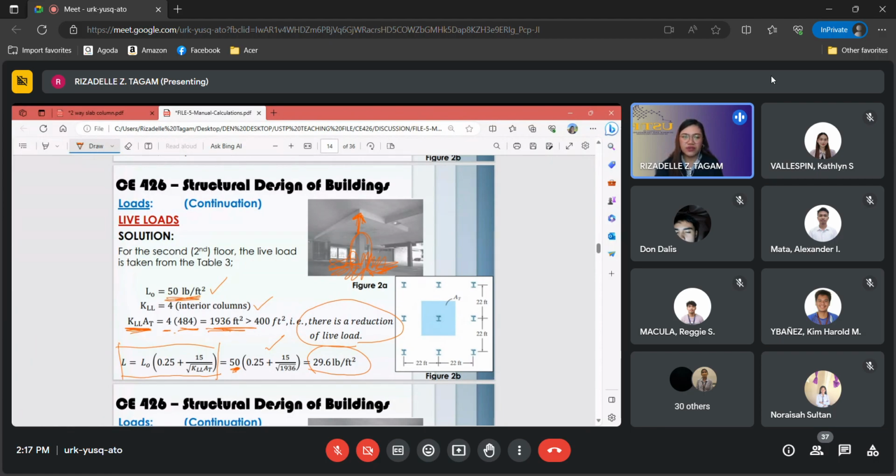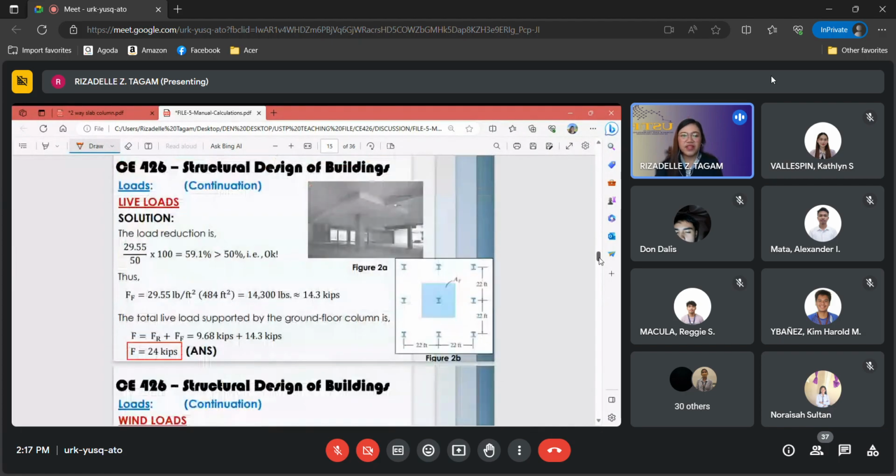We will no longer use the original load. It is reduced to 29.6 pounds per square foot. That is the answer, but let's check it further. Since it is a two-story building, that column is carrying one floor only, so the reduction should be not greater than 50%.